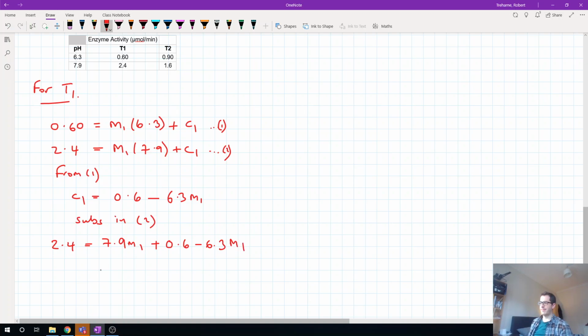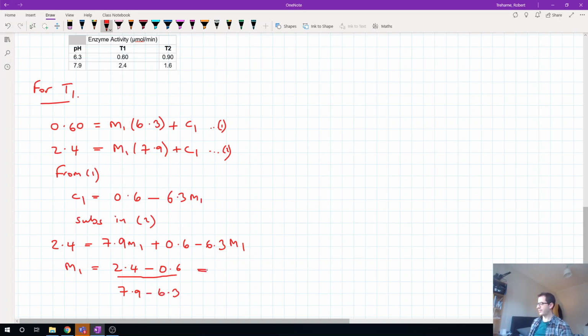Okay, so let's get m1 out. So m1 is equal to 2.4 minus 0.6 all over 7.9 minus 6.3.